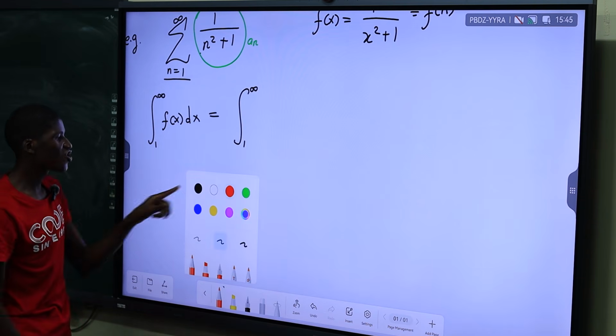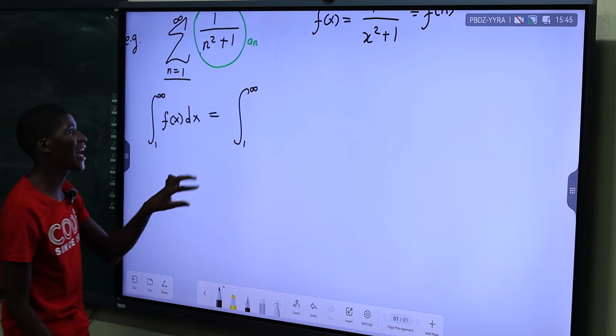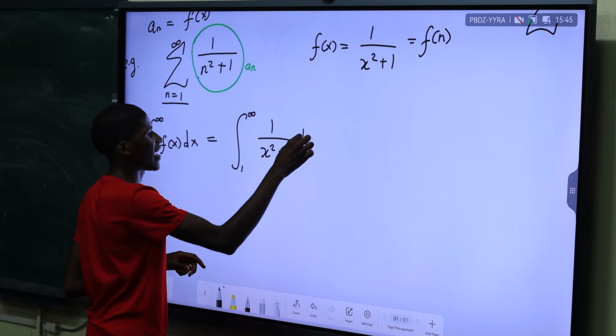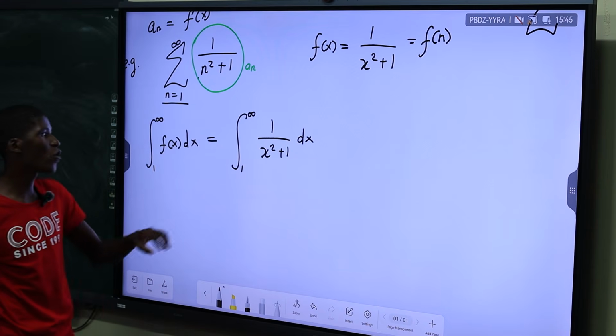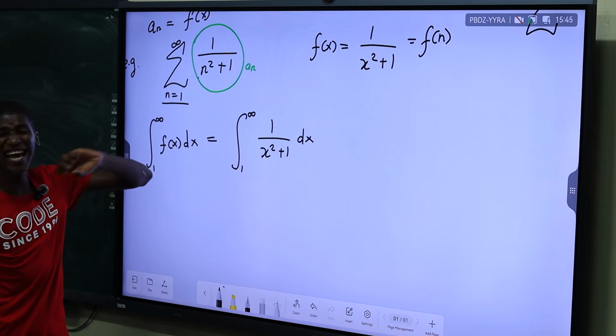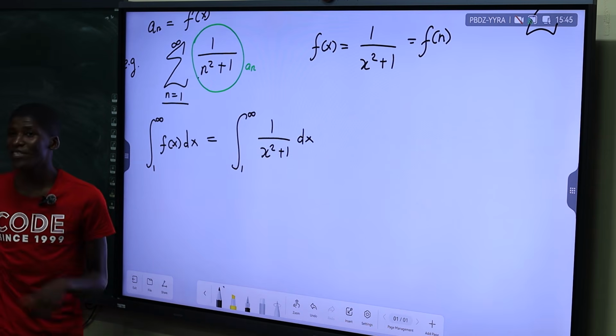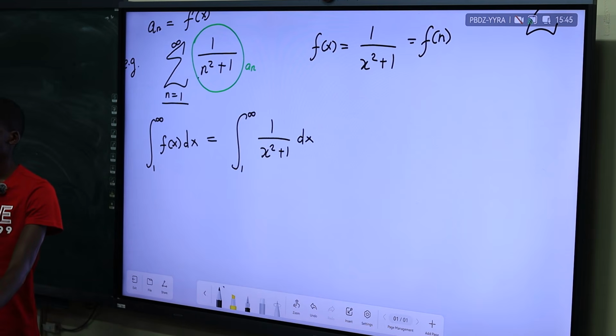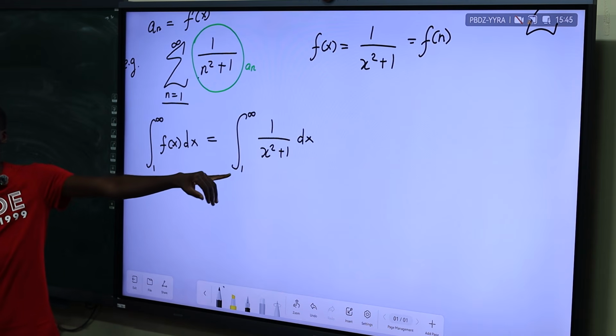So if you try to find the integral of 1 over x squared plus 1 dx, you will be able to solve this, right? But again, this is an integral until infinity. How do we deal with an integral until infinity? It's still an integral if you have an infinite upper bound. Do we substitute in infinity here? No.